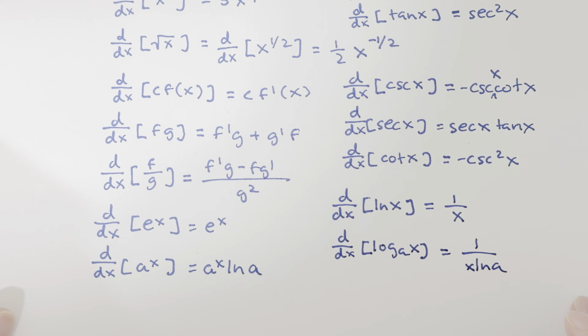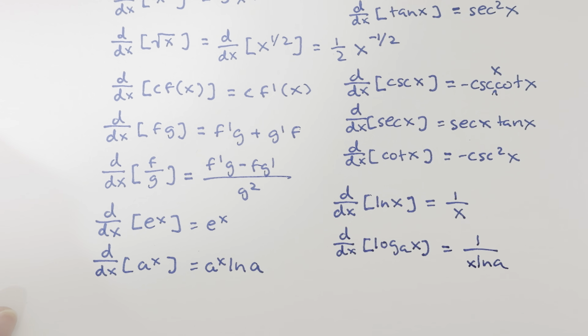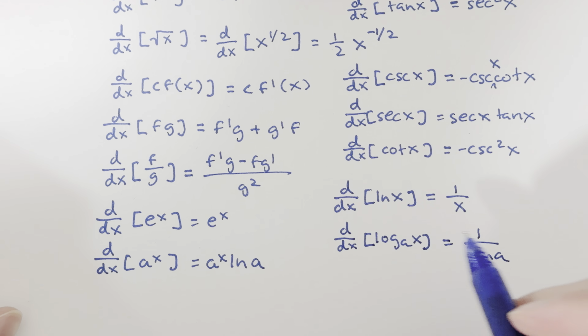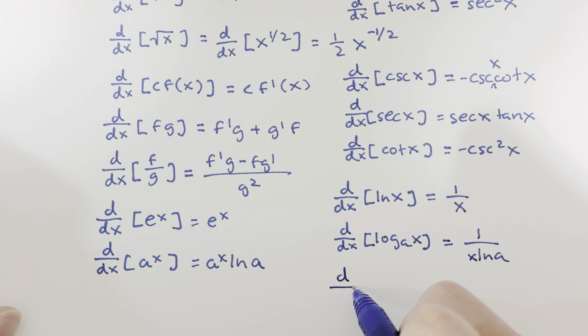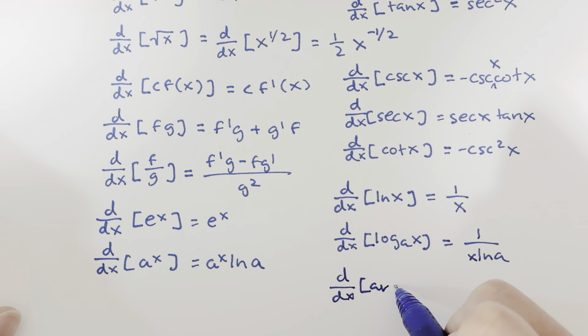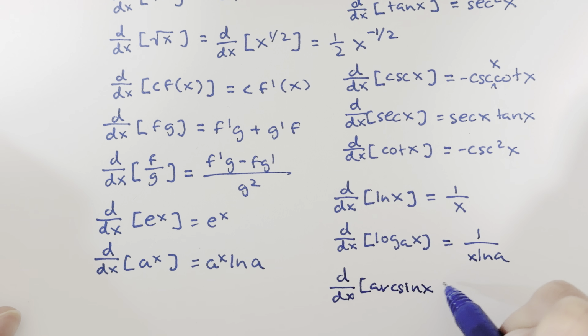And as for the inverse trig functions, there are two you must know. d over dx of arc sine x equals 1 over square root of 1 minus x squared.